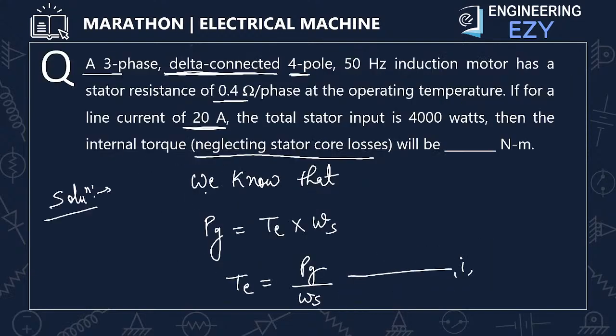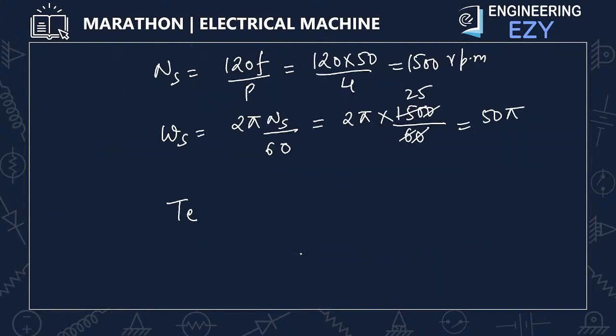Electromagnetic torque is PG upon omega_S. So if you put the value of PG and omega_S, you get the answer, and Ashok has given the answer correctly. The power we have calculated is 3840 divided by omega_S, and omega_S is 50 pi. If we solve, we get the correct answer. Ashok has given the answer 24.4, I think it is correct.